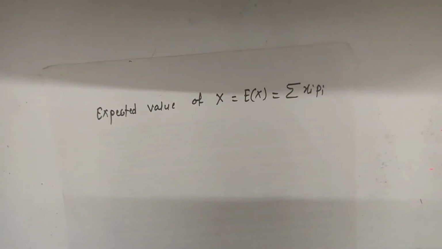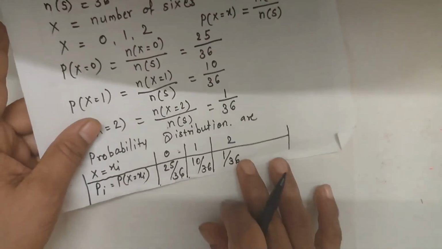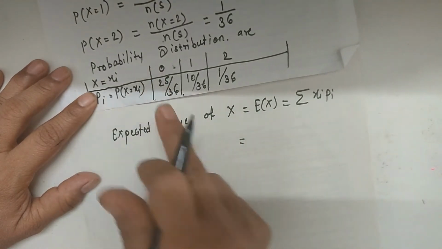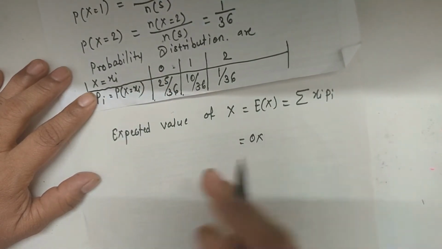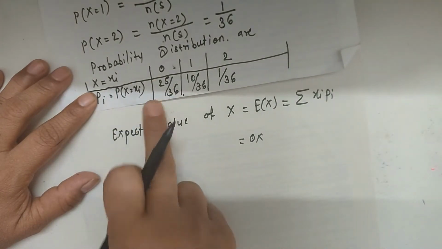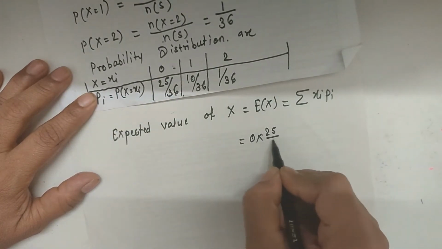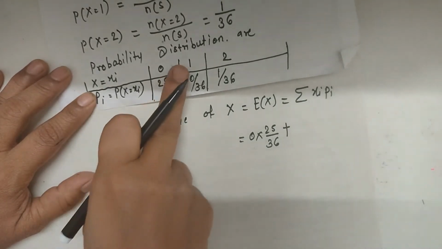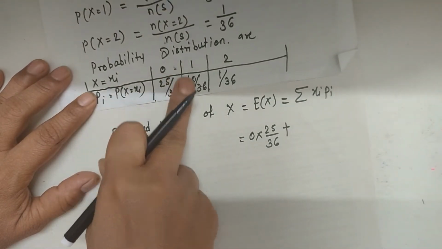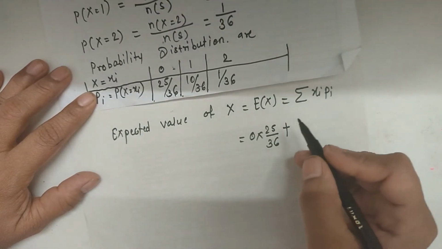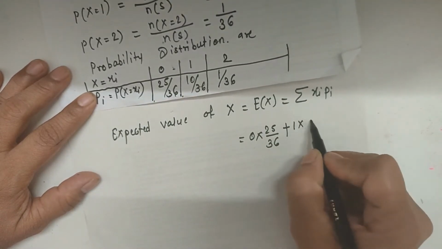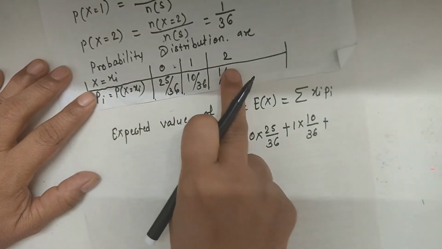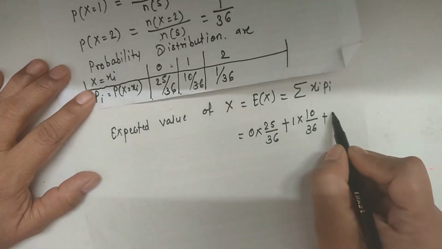Now here the product of xi and pi: the first value is 0 and its probability 25 by 36, that is xi into pi, plus the next value xi is 1 and its probability 10 by 36. So the product is 1 into 10 by 36. Now the next value 2 into 1 by 36.